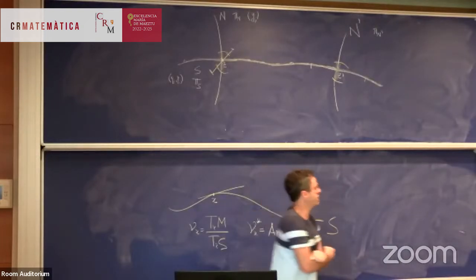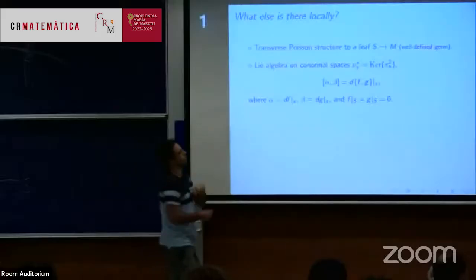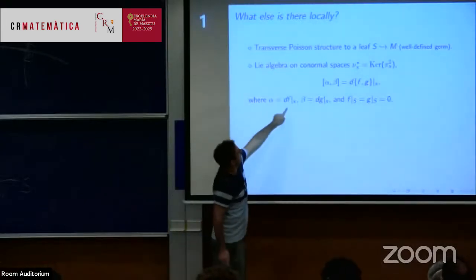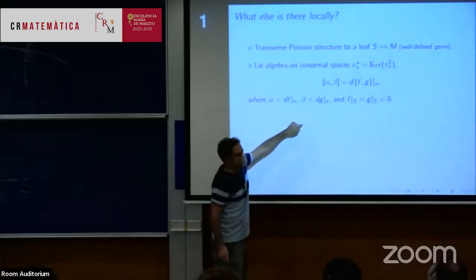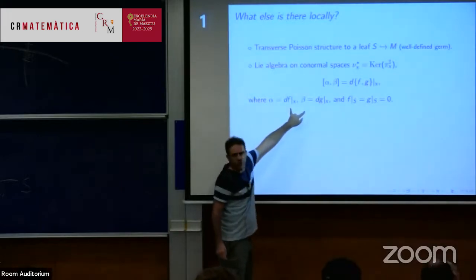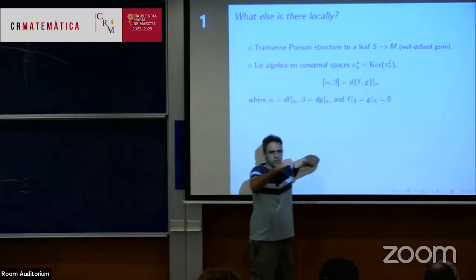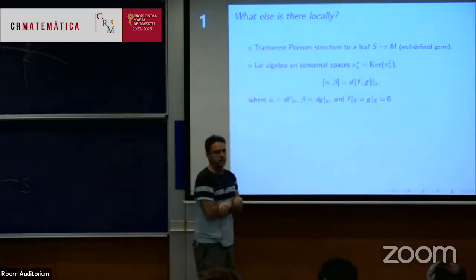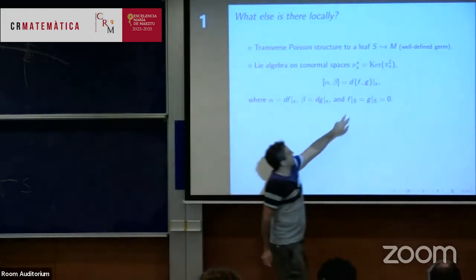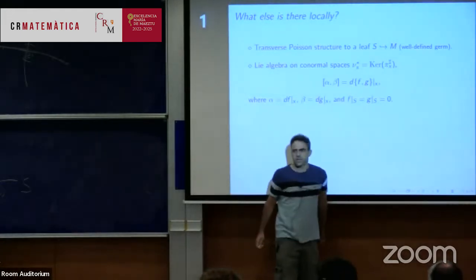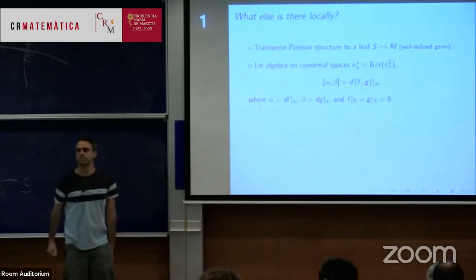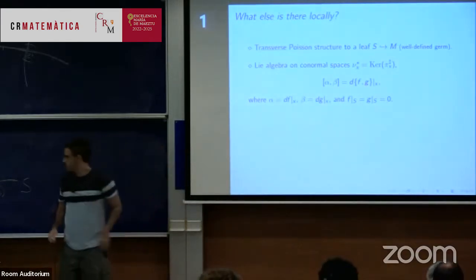So how do you define it? Here is one way to do it. You take two covectors at the point x, you realize them as differentials of functions, and you can choose these functions, using the splitting theorem if you want, to vanish on S. You just take their Poisson bracket and then its differential, and this gives a well-defined Lie bracket there.